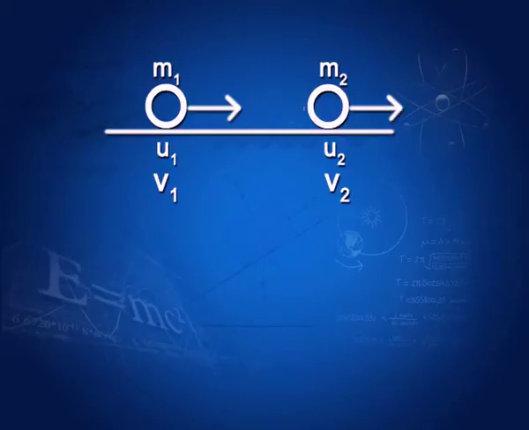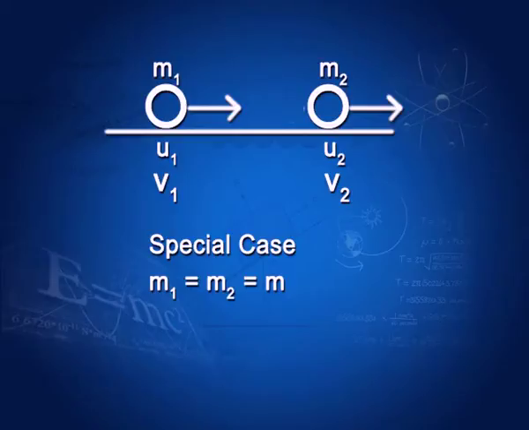Let us consider a special case. What special case? Let us say special case 1, in which the mass of the two spherical colliding bodies is the same. It is not necessary that their initial speeds are the same.